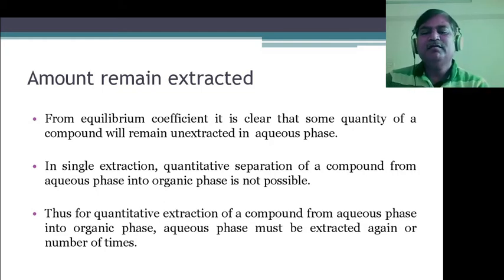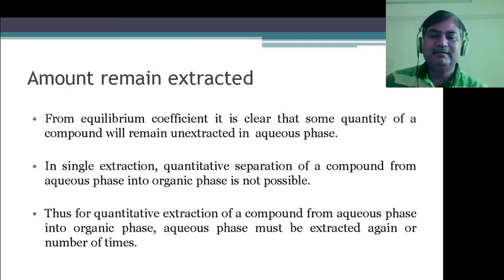From the equilibrium constant, it is clear that some quantity of compound will remain unextracted in aqueous phase. Remember these two terms properly: amount extracted and amount unextracted in aqueous phase.